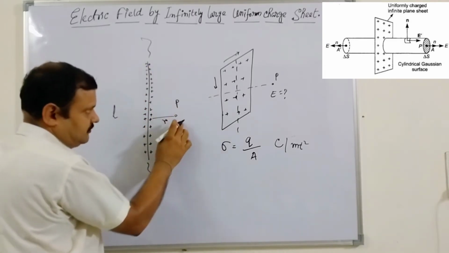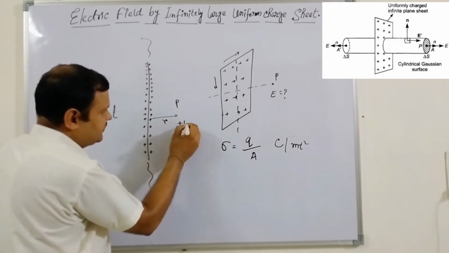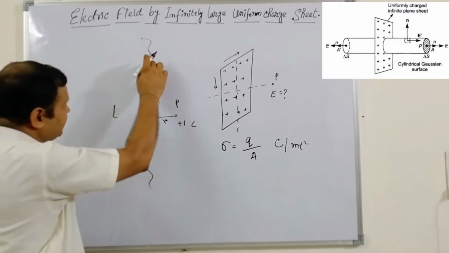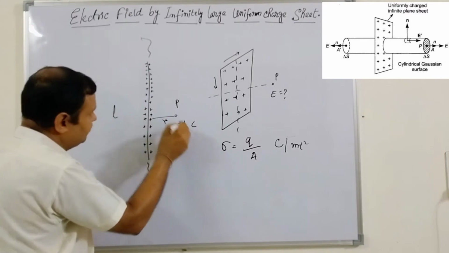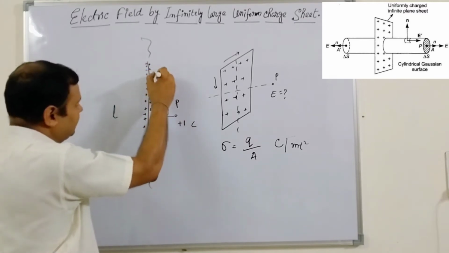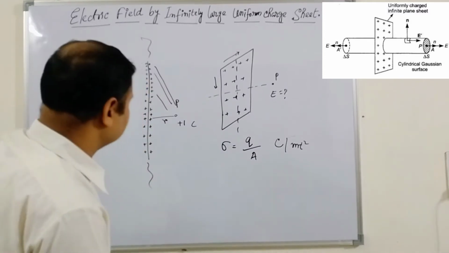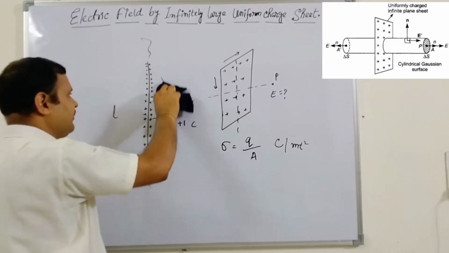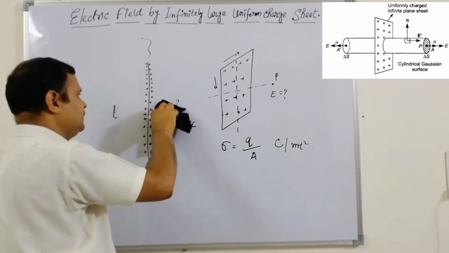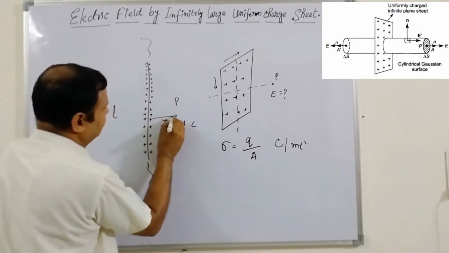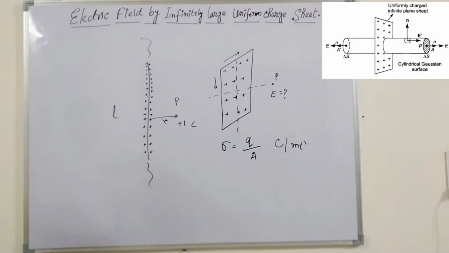The electrical field is the force on a unit positive charge, so if you place a unit charge like this, the force keeps varying, because R keeps varying everywhere. So you cannot apply Coulomb's law directly. It is the application of Gauss law where we can calculate the electrical field or flux.